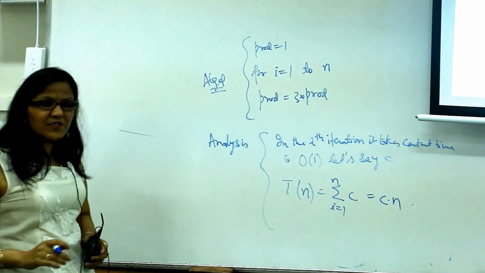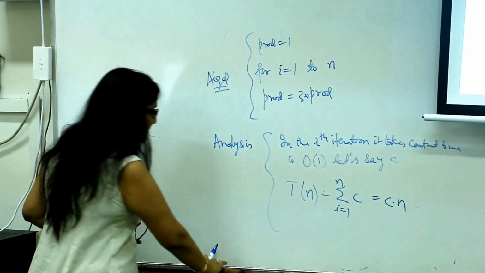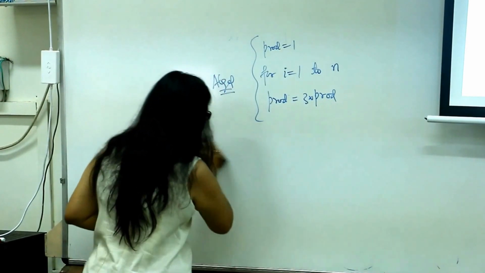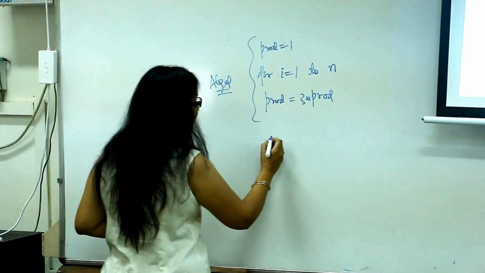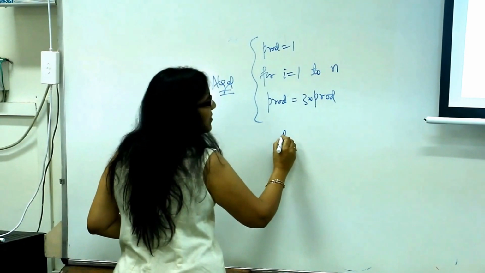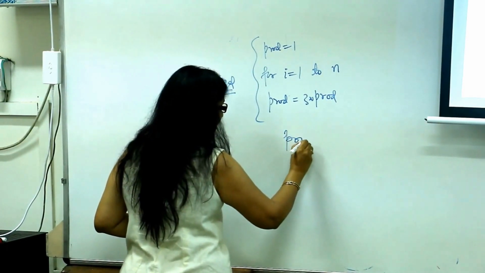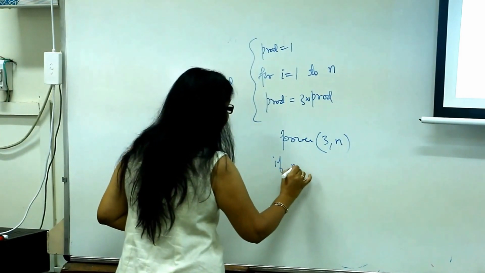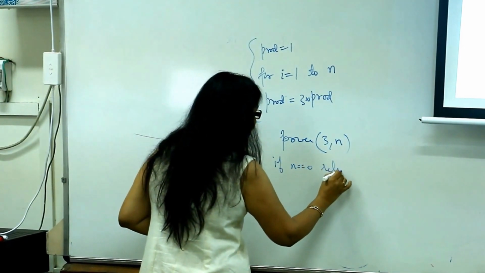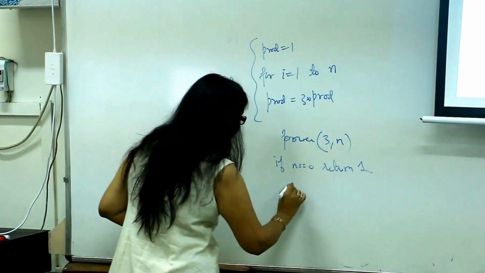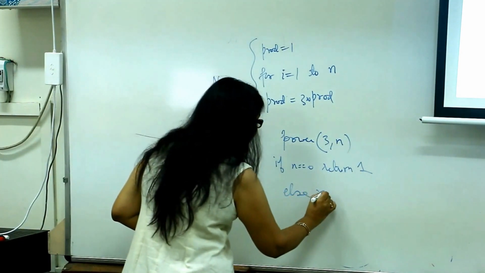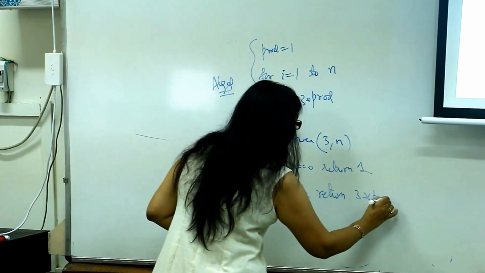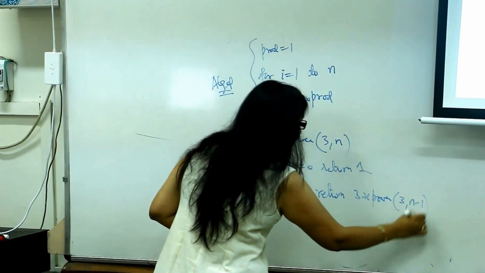We can write a recursive algorithm. What will be the recursive algorithm? Power 3 for n: if n is equal to 0, return 1, else return 3 times power 3 comma n minus 1.